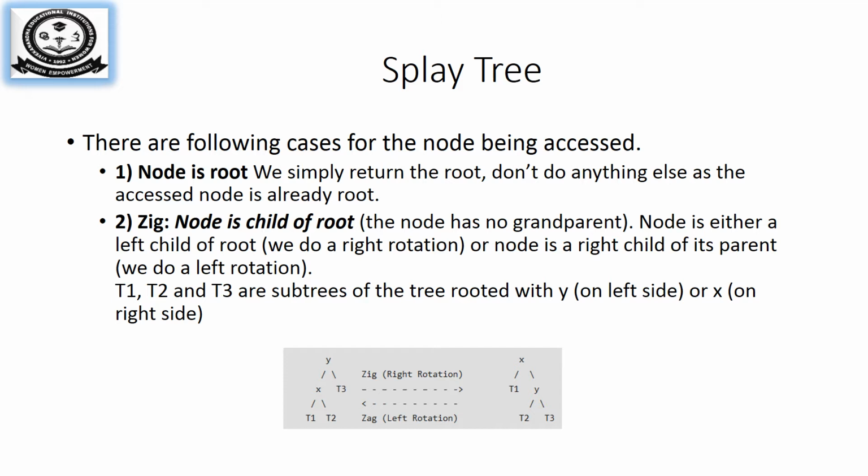This is the swapping operation performed in a zig rotation. We'll simply call it a zig or swap rotation. The node X will be made root and the parent node will be made the child of X. You will not be considering any grandparent node here.